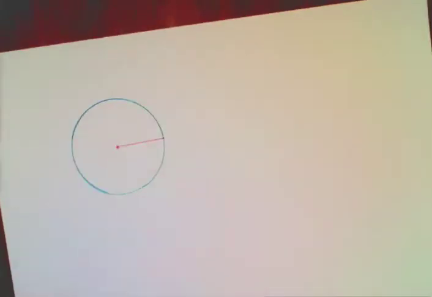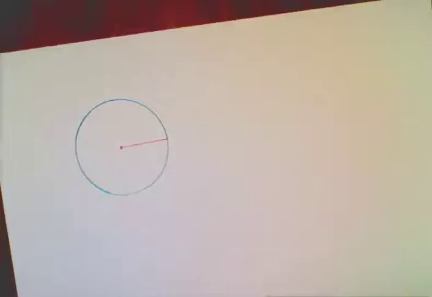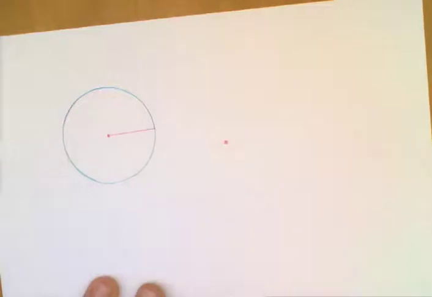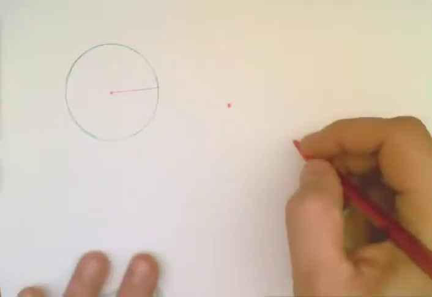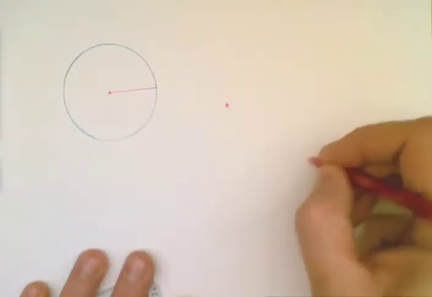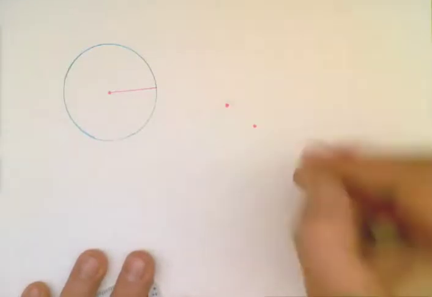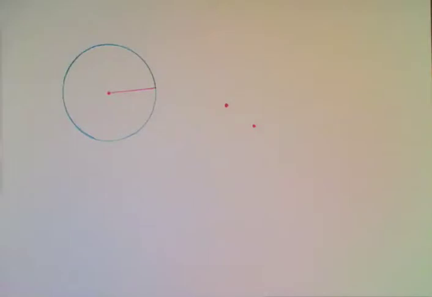Now, the other way to define a circle is by a center and a point. And so we can take any point and call that a center, and then basically say a point out here is going to represent a point on that circle using that as the center.